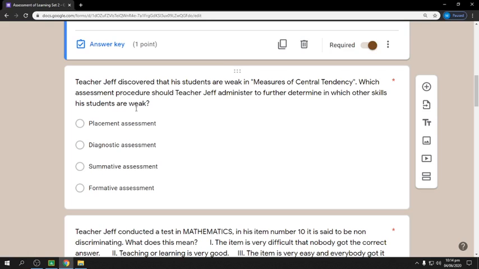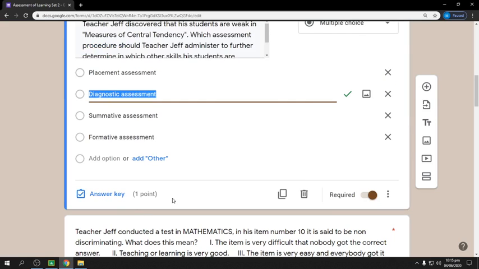You want to get diagnosed. In order to identify the possible diseases or health issues, you need to be diagnosed by a doctor, correct? The concept is pretty much the same with assessment. So based on the question, I would choose diagnostic assessment. And that is correct.